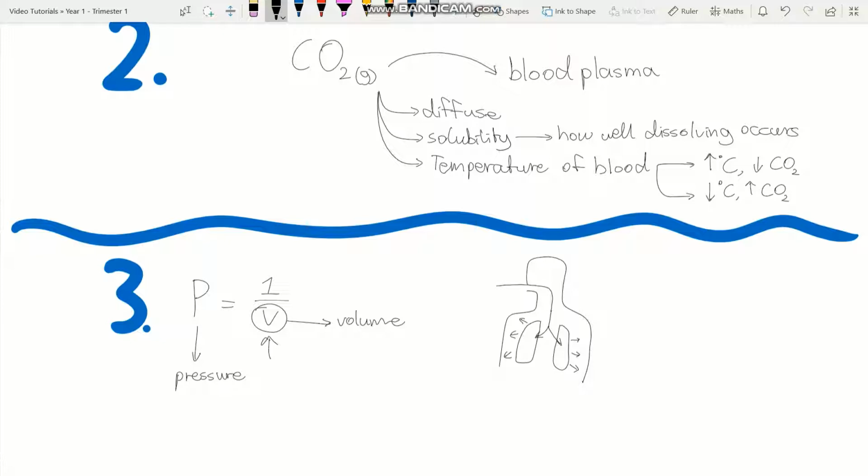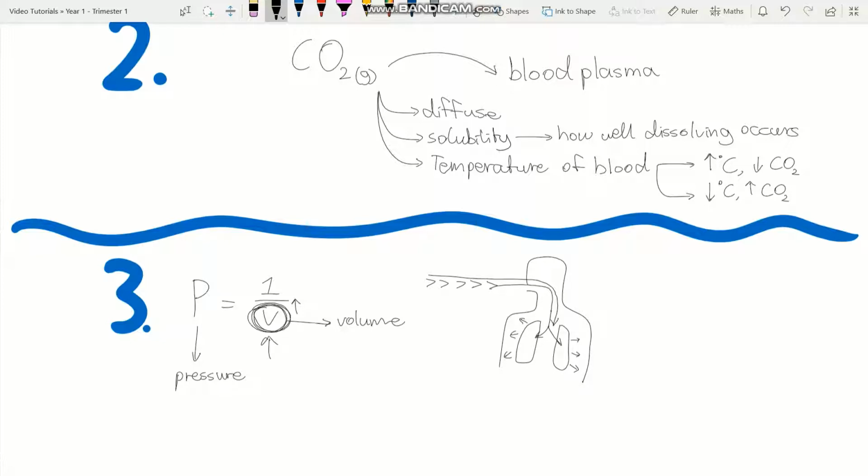If you're with me so far, this means that the pressure will decrease, because if this denominator value increases, 1 on any value that gets bigger is smaller. So that means that as air always moves from an area of higher pressure to lower pressure, we'll be able to move from the atmosphere into the body.